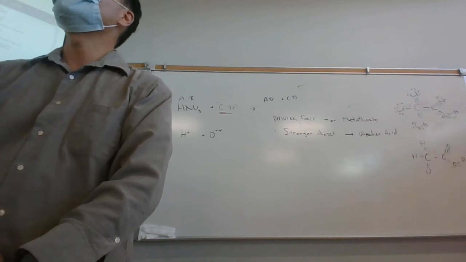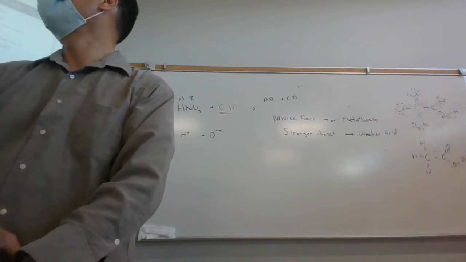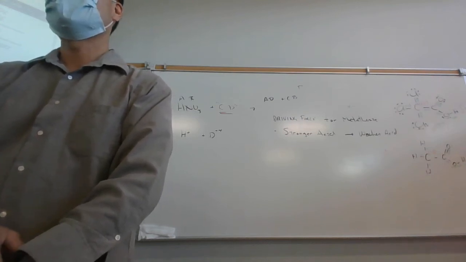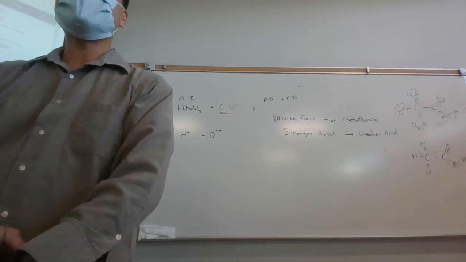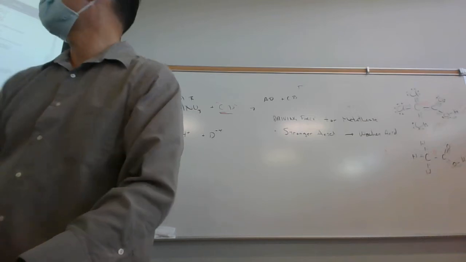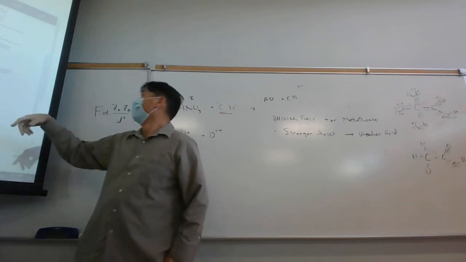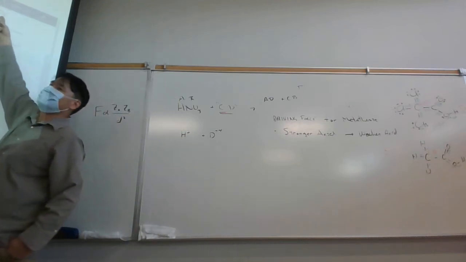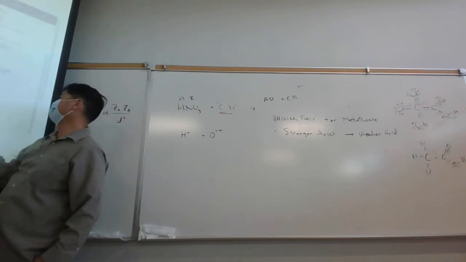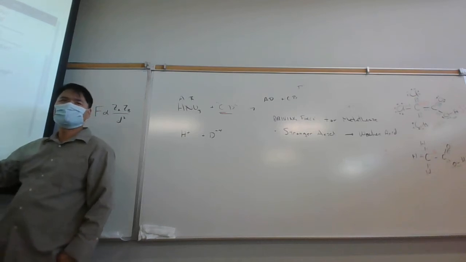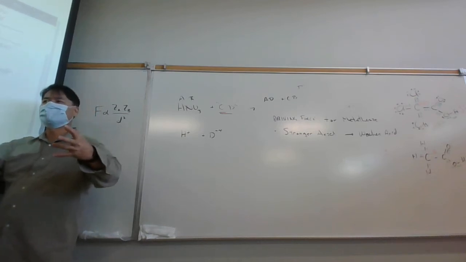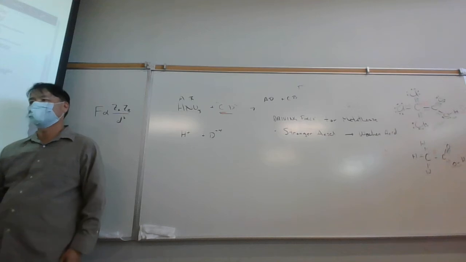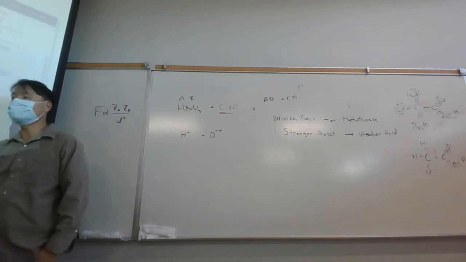Actually, let's not go to chlorides, bromides, iodides. We'll go to nitrates, chlorates, and acetates. Nitrate, -1. Chlorate, -1. Acetate, -1. And they're big. So they're weak. Not that big of a force. So those are all soluble, right?